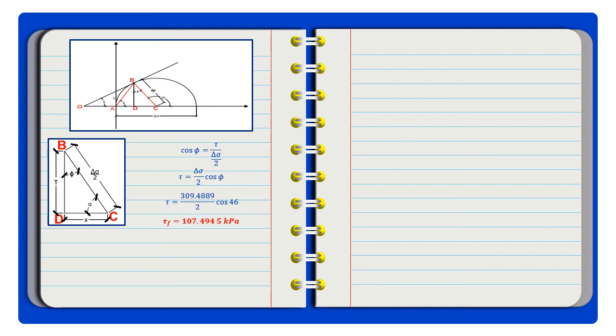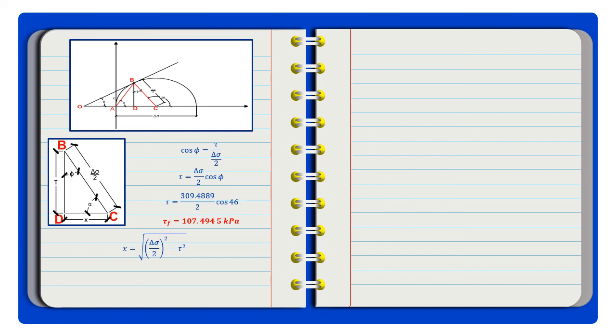Now, segment DC, which has a value X, is very important here. We can get it, again, using the sine function or through the Pythagorean theorem. By using the Pythagorean theorem, X is equal to the square root of delta sigma over 2 squared minus tau squared.